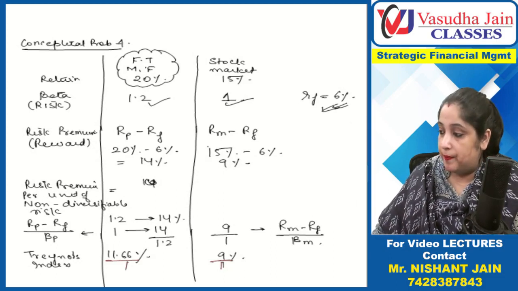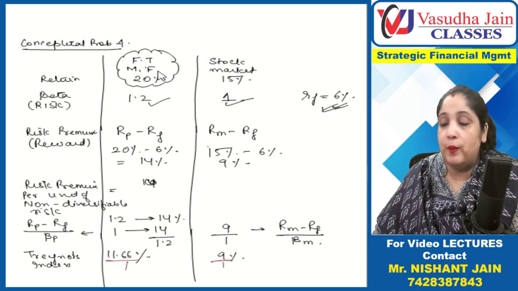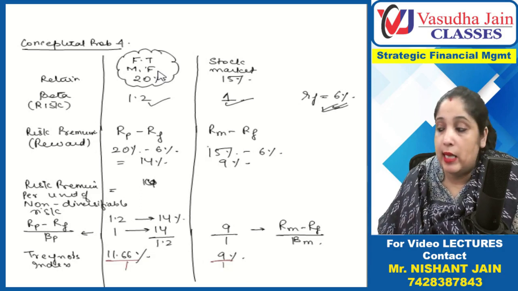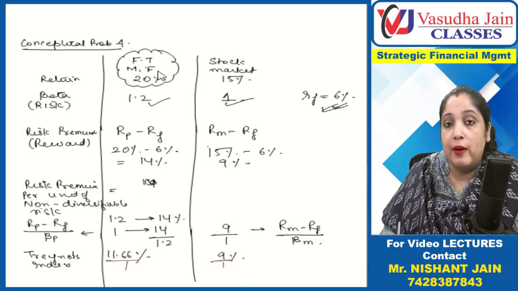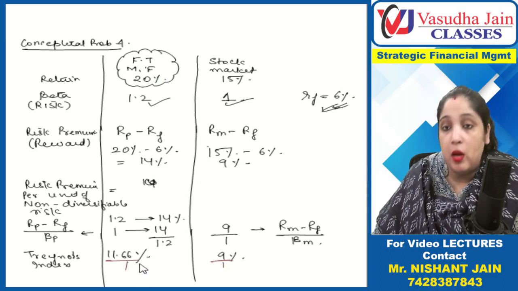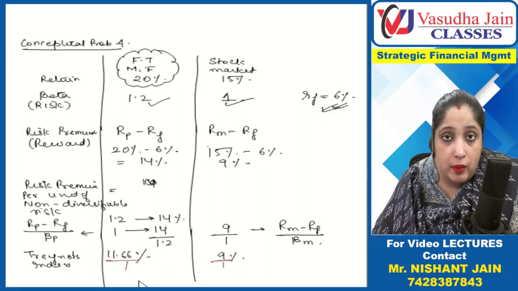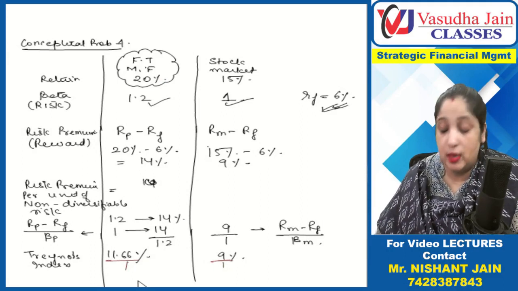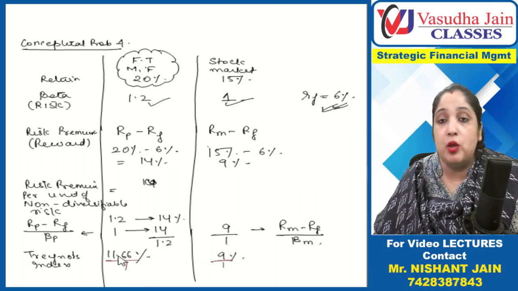You have computed a ratio of 11.66 and compared it with the stock market. This 11.66 represents the risk premium you are earning for one unit of non-diversifiable risk. So if you bear 1% of non-diversifiable risk, you are going to get this much of reward.